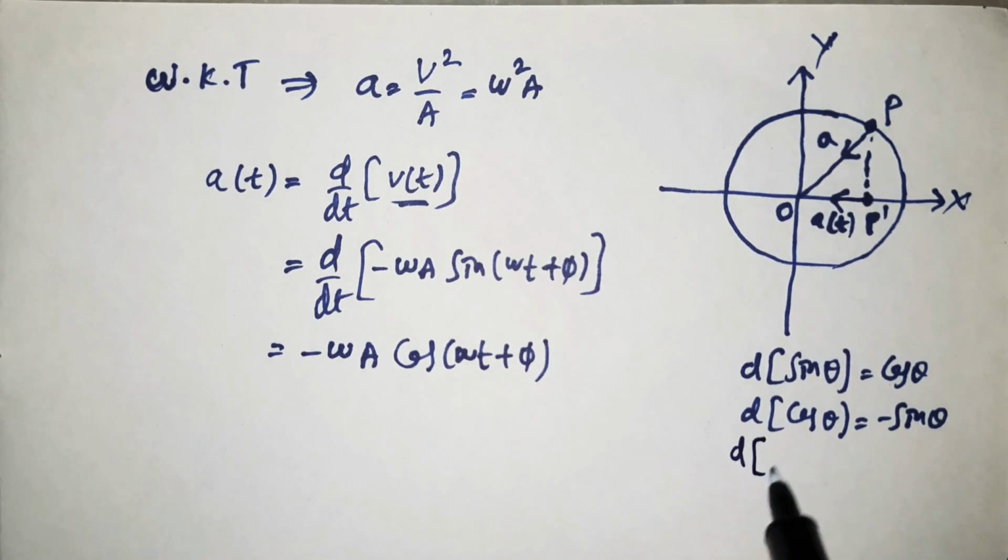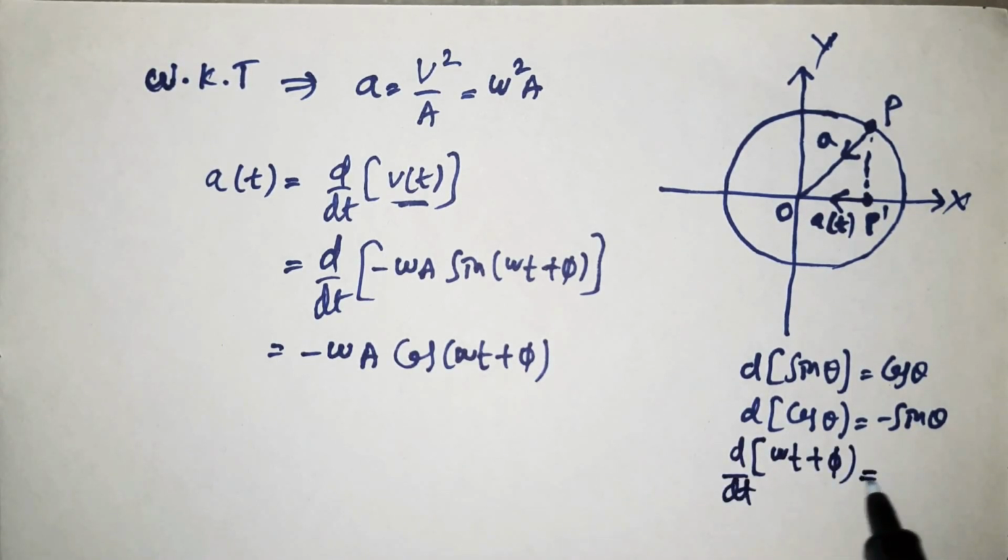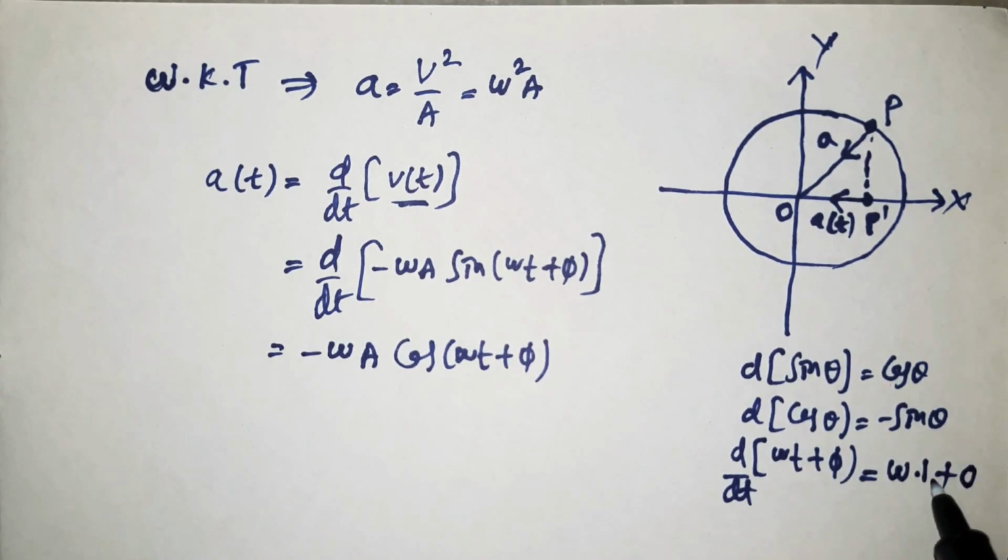What is the differentiation of ωt + π with respect to time? Here ω is constant, take it as it is. The differentiation of t with respect to time is 1, plus here π is constant, and the differentiation of a constant with respect to time is 0. So ω into 1 plus 0 is ω.